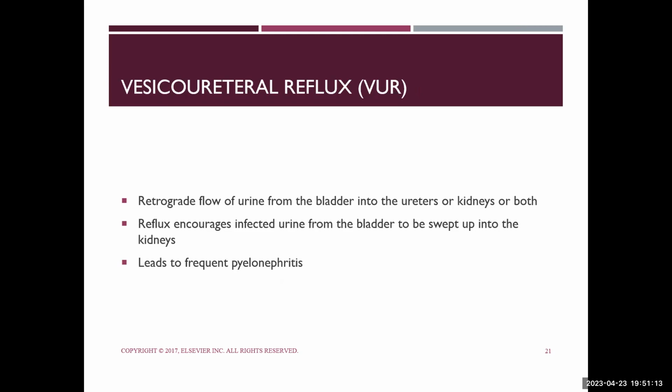The ureter connection has a little valve that essentially prevents backflow, so when the bladder gets full, that valve essentially shuts. And so this condition allows urine to flow backward from the bladder into one or both ureters and then into the renal calyces.